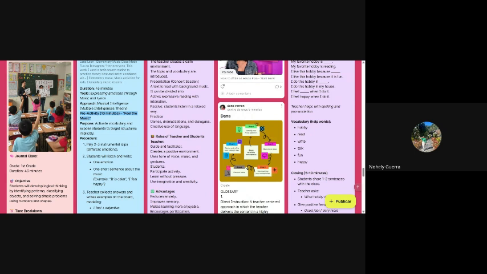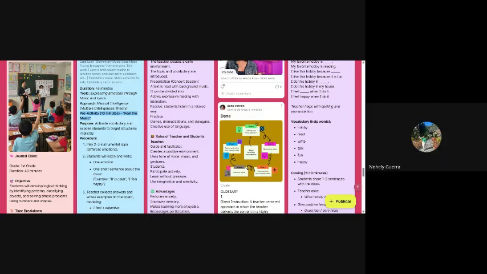The main goal is for students to express their emotions using simple structures, but in a natural and engaging way. So instead of teaching grammar directly, the students will use patterns like I feel and I am while they're creating their own songs.